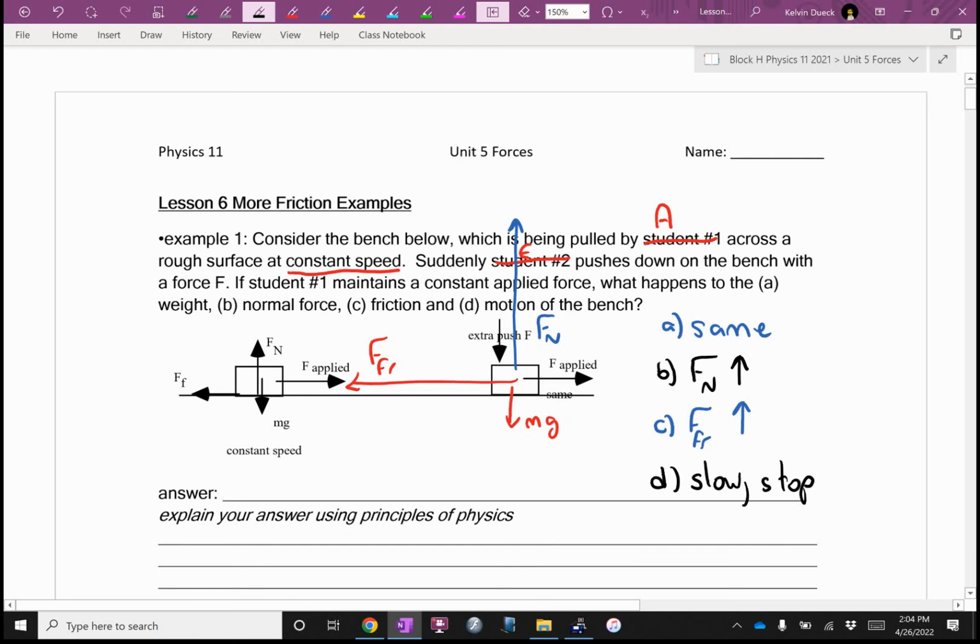Then Acacia's going to flip the bench over. Ella's going to land on the ground, start crying, and then we can start moving the bench over again. Right? Right. It says explain your answer using principles of physics. I think we kind of did with the free body diagram walking through. I would live with that as a good explanation, I think.